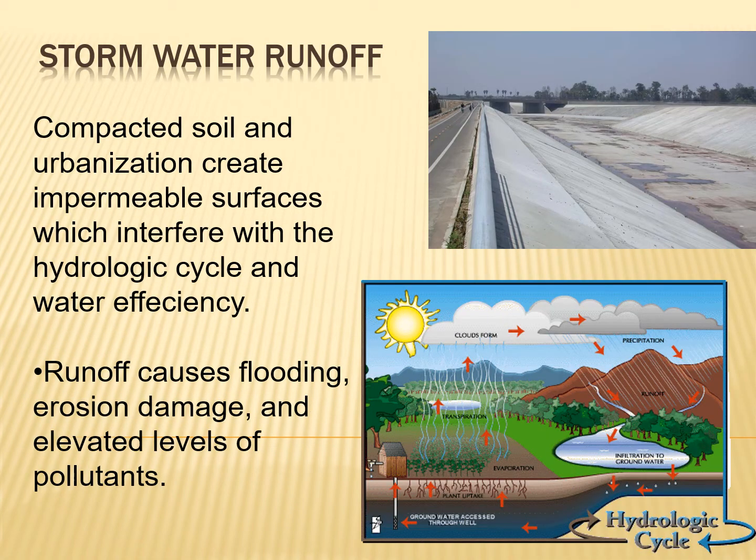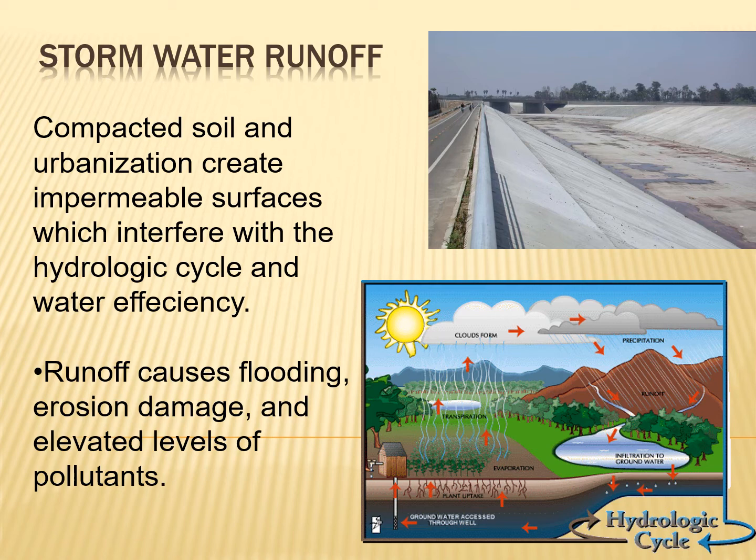So another thing that we're very conscious of in our region and trying to undo a lot of urbanization impacts is controlling stormwater runoff. So in the old days, you can see the LA River in the top picture. The idea was to completely make a concrete channel, make everything impervious, and get it out to the ocean as fast as possible.